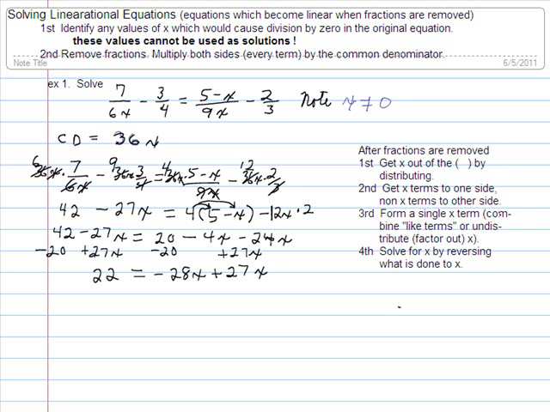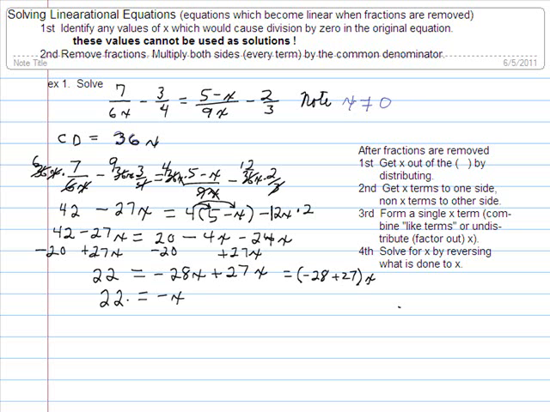Step 3 says form a single x term. Right now I've got 2 x terms. It says form a single x term by either combining like terms or factoring out the x. Here's what it would look like if you factored out the x. Negative 28 plus 27 x, of course that's negative 1, so that's just going to be negative x. Or you can just say negative 28 apples plus 27 apples is negative 1 apple.